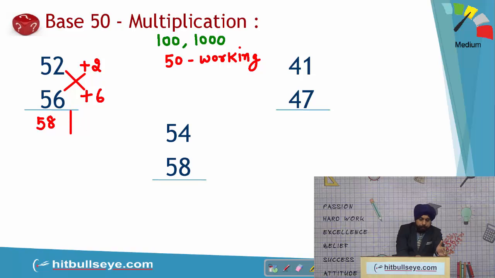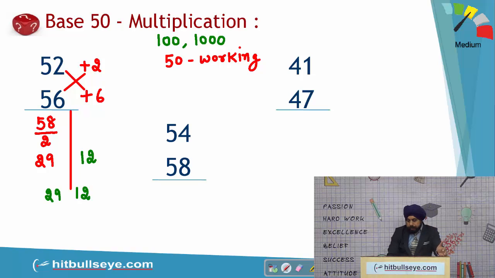But mind it, here we have taken the base as 50, which is half of the main base. So we half this number, students, to generate the value as 29. Now this will be the left hand side. The right hand side you will multiply plus 2 and plus 6, and the result is you generate 12 over there. So the answer to the question becomes 2912.